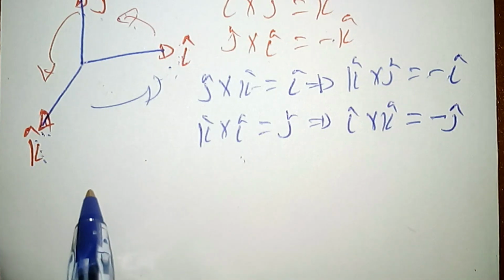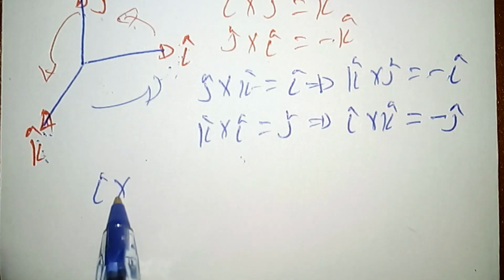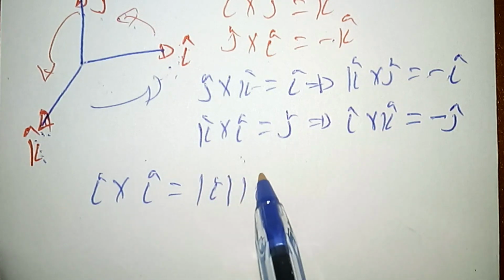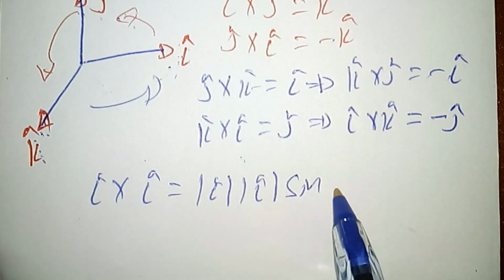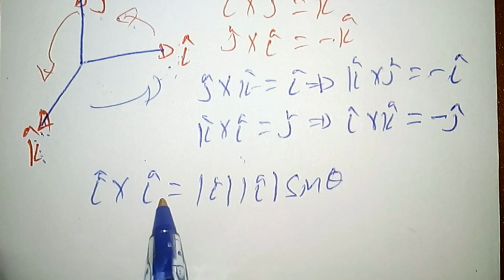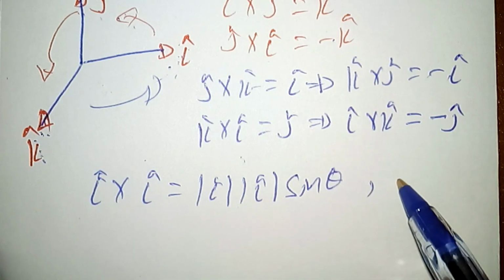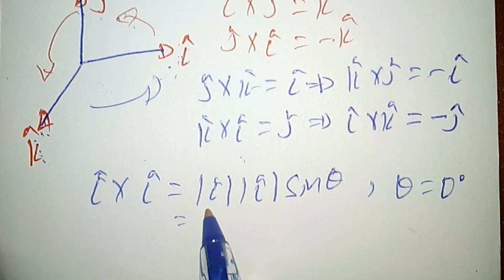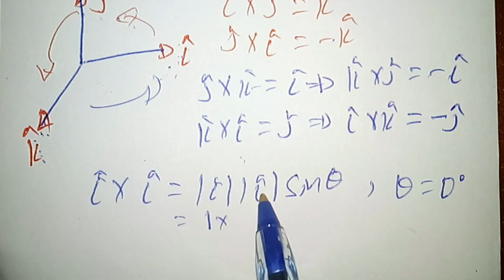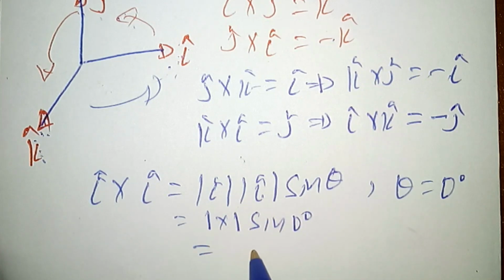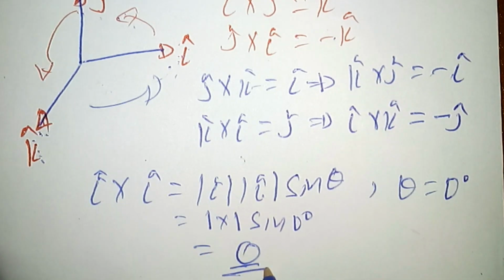This means that I cross I is the magnitude of I times the magnitude of I times the sine of the angle between them. I is on the x-axis, and this I is also on the x-axis, so the angle between them, theta, is 0 degrees. So the magnitude of I is 1 times the magnitude of I is also 1, and sine of 0 degrees immediately gives us 0.